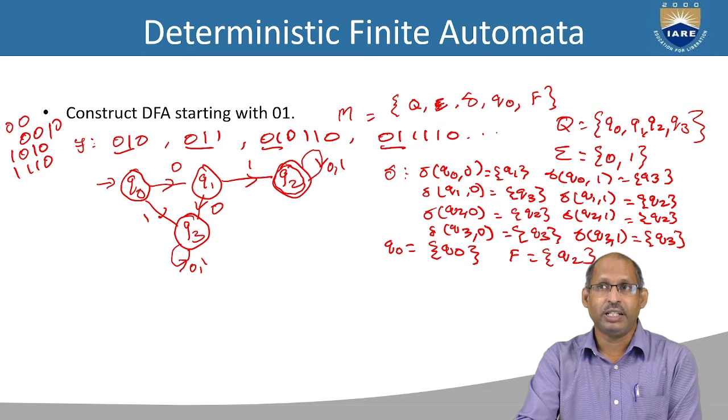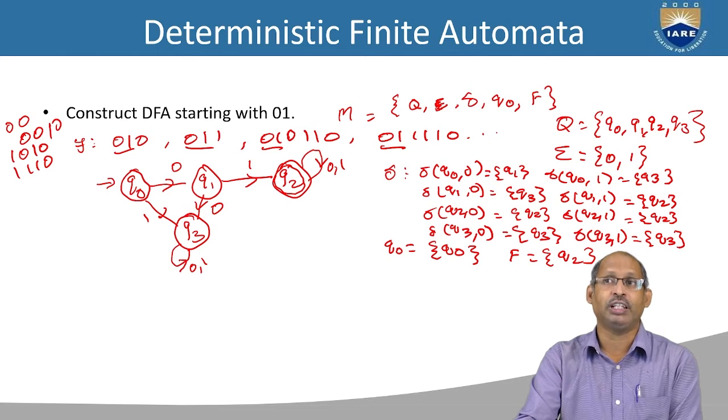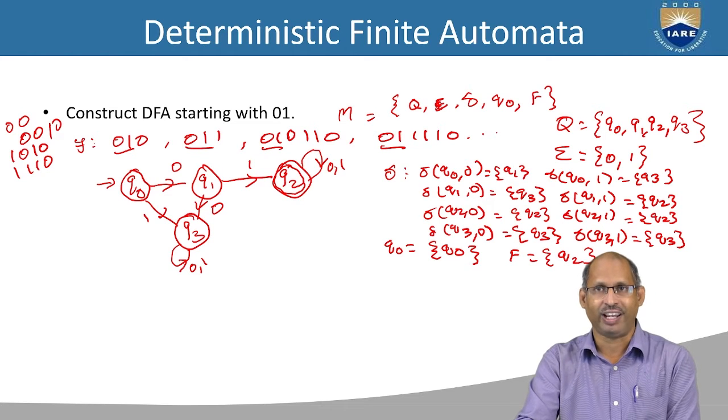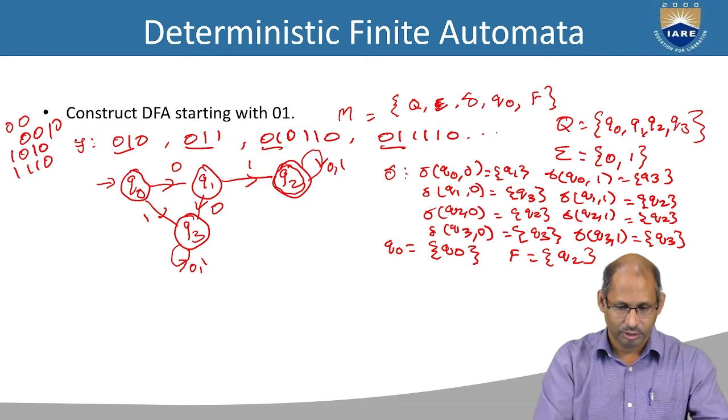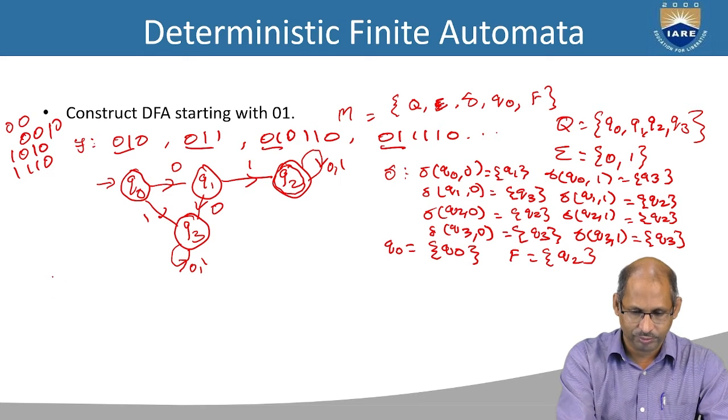So we represented our problem with the 5-tuple notation: set of states, input alphabet, transitions, initial state, a set of final states. Now we have written the transition diagram, the transitions, then the transition table.